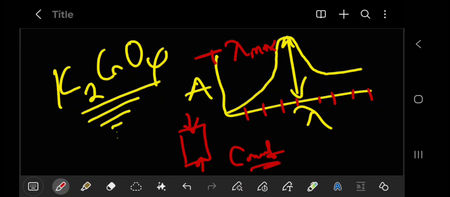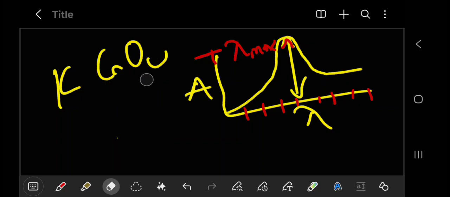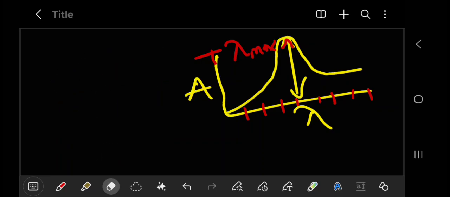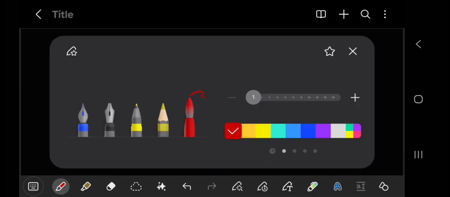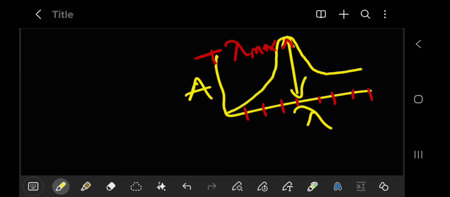Once you know the maximum wavelength, the UV spectrophotometer is now set, or configured, to that maximum wavelength.